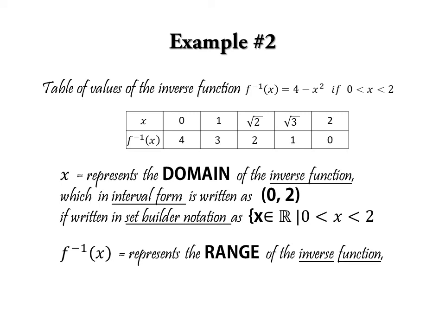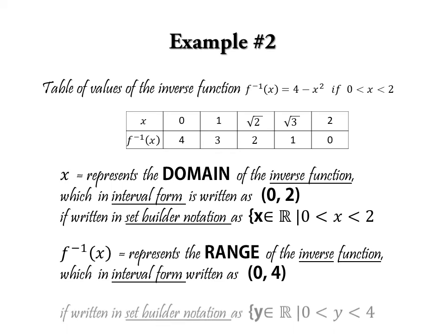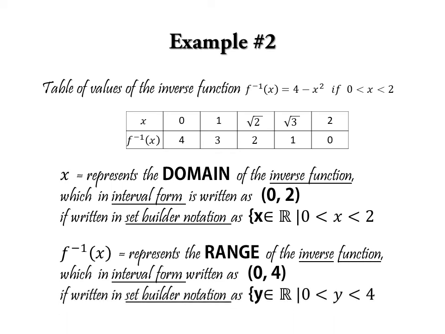For the range of the inverse function, in interval form, we can write that as open interval 0 to 4. In set builder notation, y is an element of R where y is greater than 0 but less than 4.